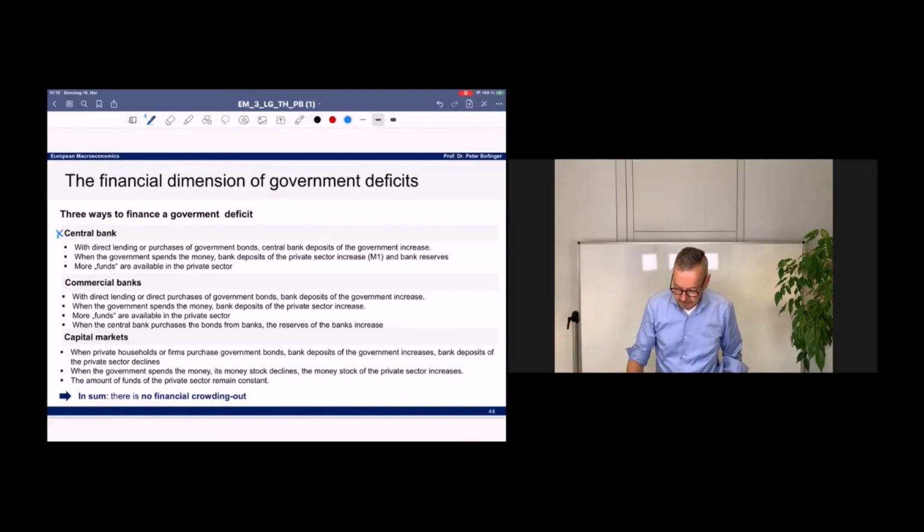For modern monetary theory, direct lending by the central bank is their preferred way of financing the government. Of course, this can be done. In the pandemic, we've seen this in the case of the United Kingdom, where the UK government had the ability to get money directly as a kind of overdraft facility from the central bank.